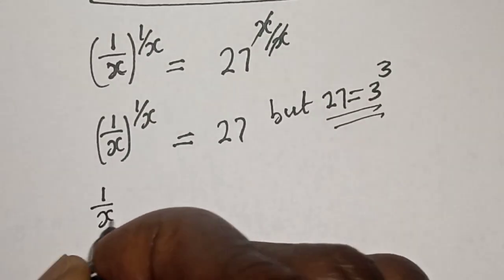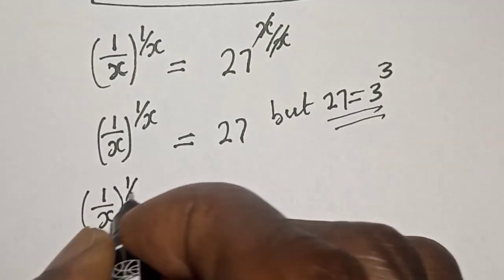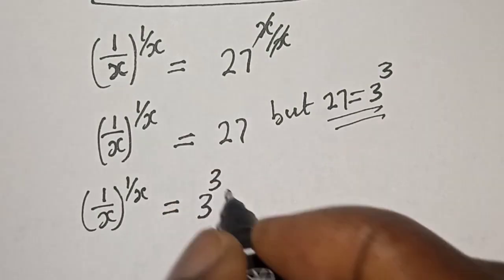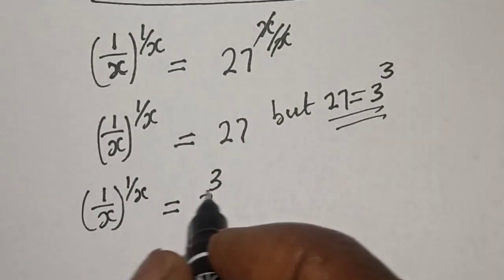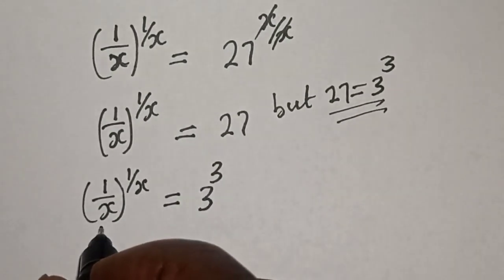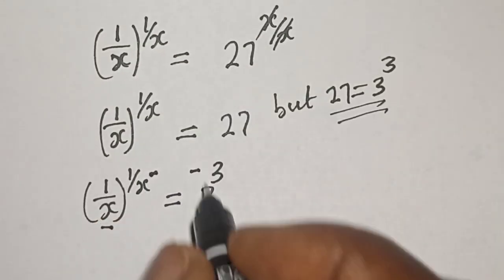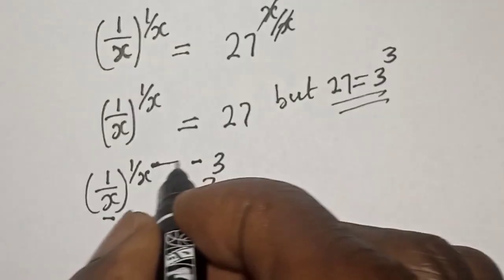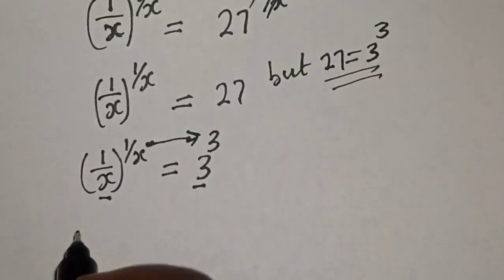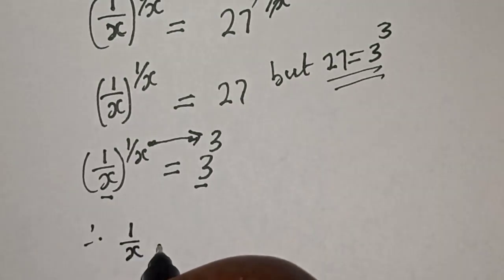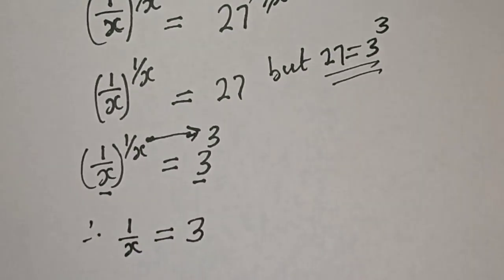So 1 over x raised to power 1 over x is equal to 3 raised to power 3. Base is equal to 3 and the exponent is equal to 3. Therefore, 1 over x is equal to 3.